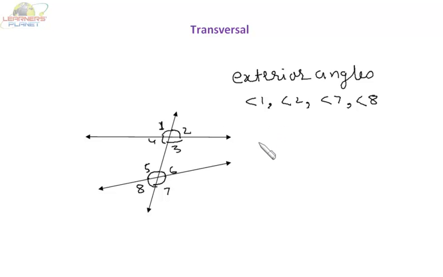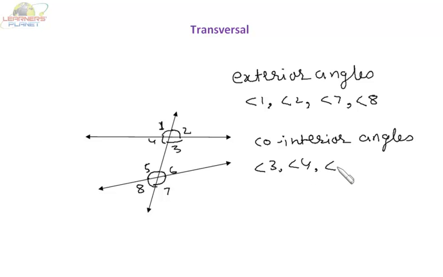Now let's discuss co-interior angles. Now we see angle 3, 4, 5 and 6. All of them are lying between the lines, these two lines. So we call them co-interior angles. So angle 3, angle 4, angle 5 and angle 6.